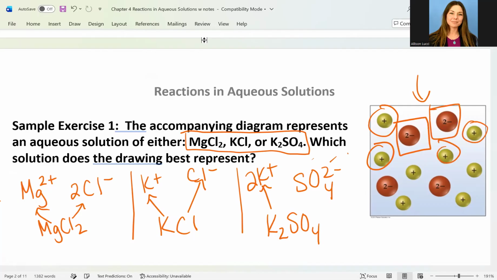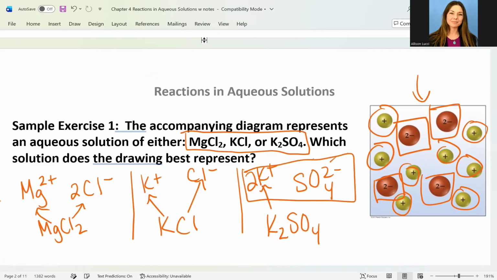We can confirm that I have 2 of those, and then down here I see a third, and then I have 4 of this 2-to-1 ratio. So this must be potassium sulfate because I see that ratio in this ionic compound. We'll continue with the next section on reactions in aqueous solution in the next video.